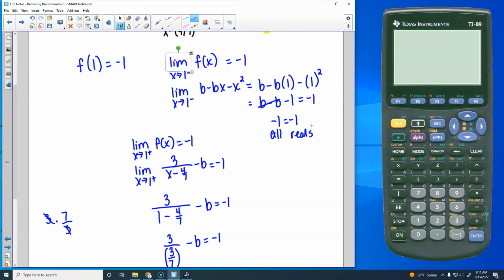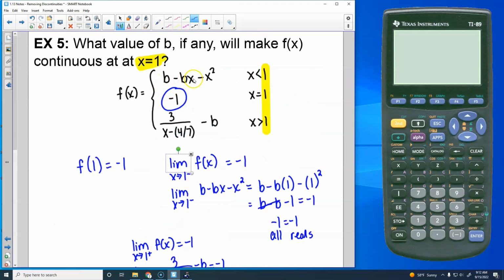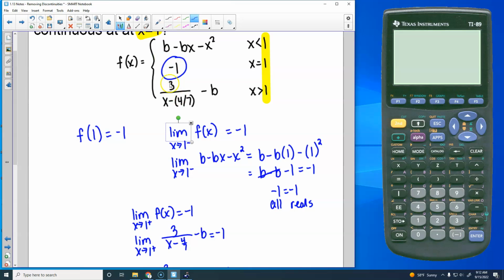And it is true that if we were only looking at the numbers that would make this -1, anything would work. So it could be 2, it could be 7, it could be 55, it could be -42, it could be anything. That would work for b minus bx minus x squared and the -1. However, it would not work for the b down here, and the b's have to be the same in both places.